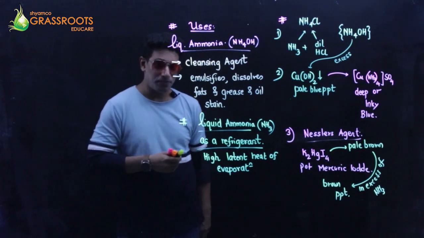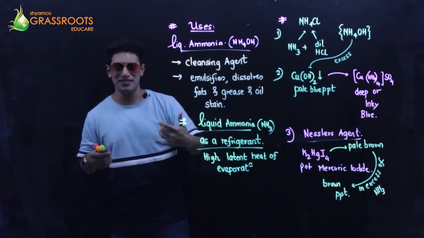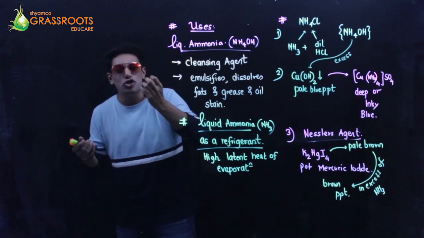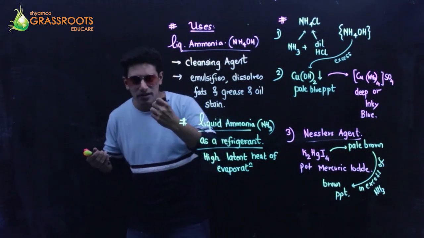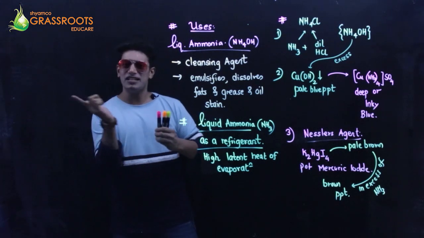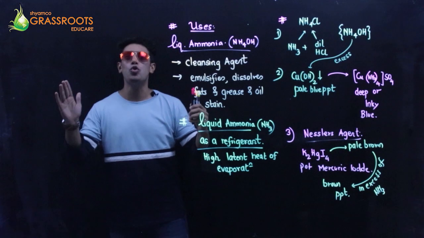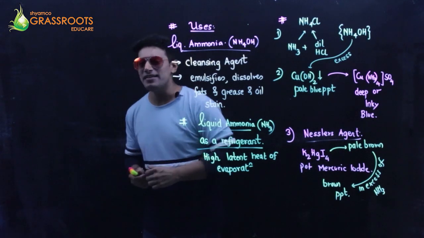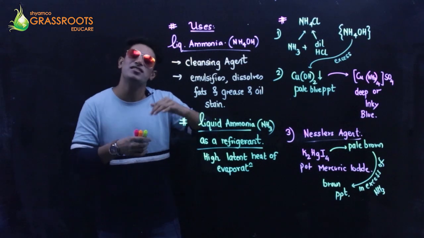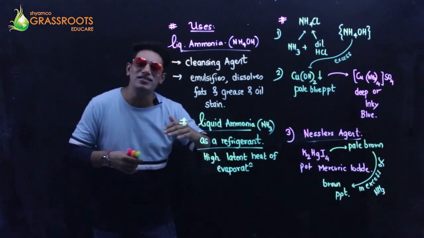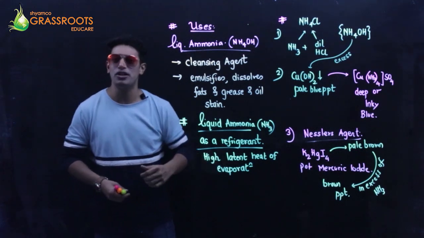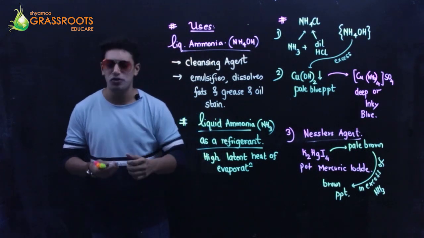Liquid ammonia is in the liquid state, and whenever it absorbs heat from the surroundings, it takes heat inside its body. So the surroundings become cool, and it takes a lot of heat, and only then does it change state from liquid to gas. So it has a high latent heat of evaporation.